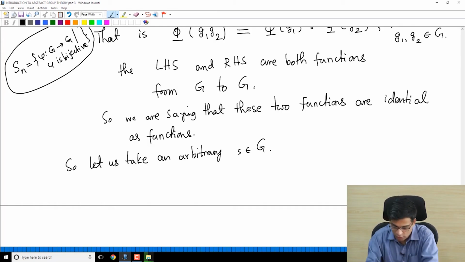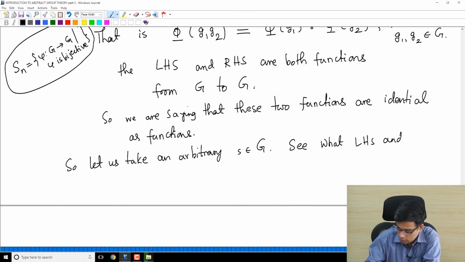So I'm taking an element small s. Let's take an element s in G, see what LHS and RHS do to s.